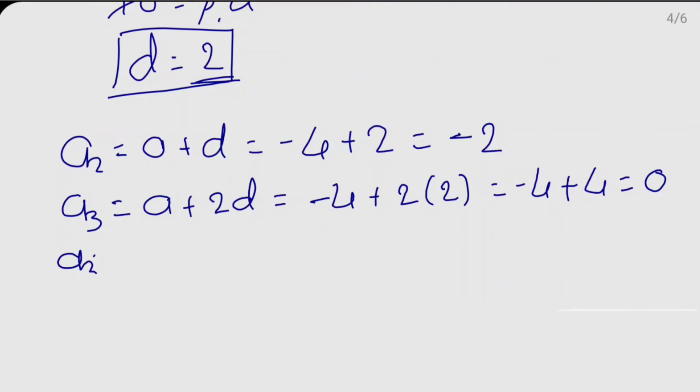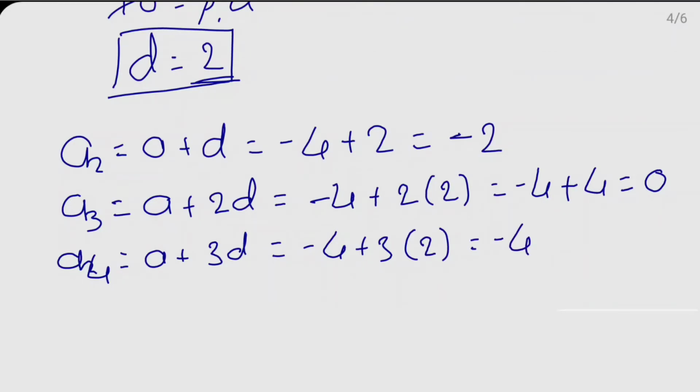Next a4. So a4 is a plus 3d. So here a is minus 4 plus 3, d is 2. So here minus 4 plus 2 threes is 6. So minus 4 plus 6 is 2.